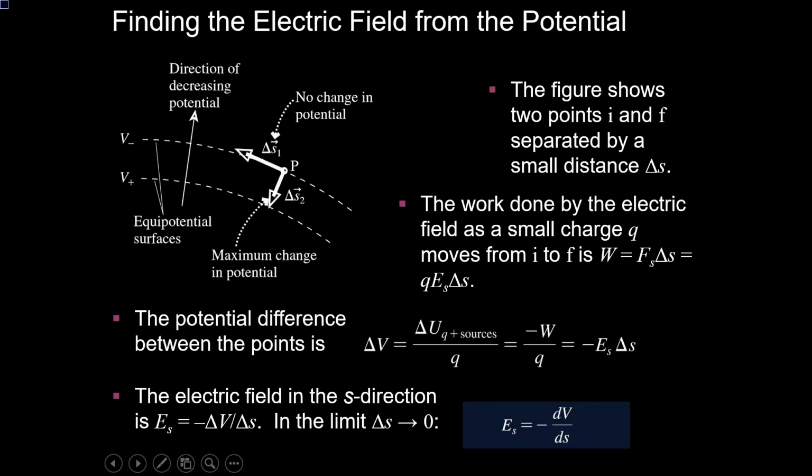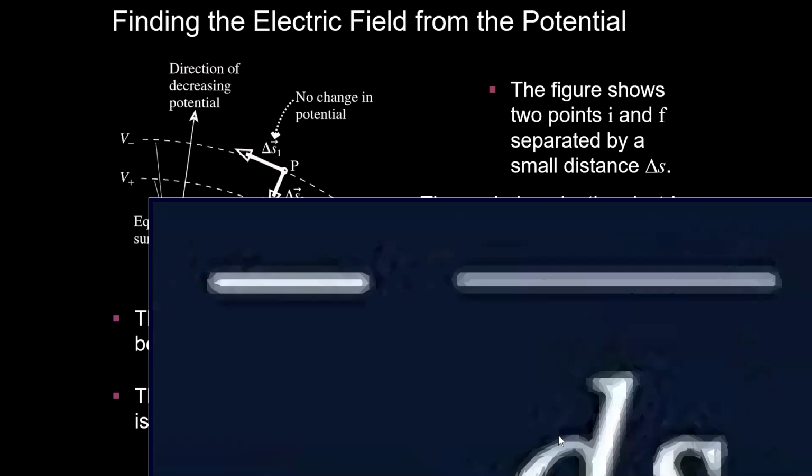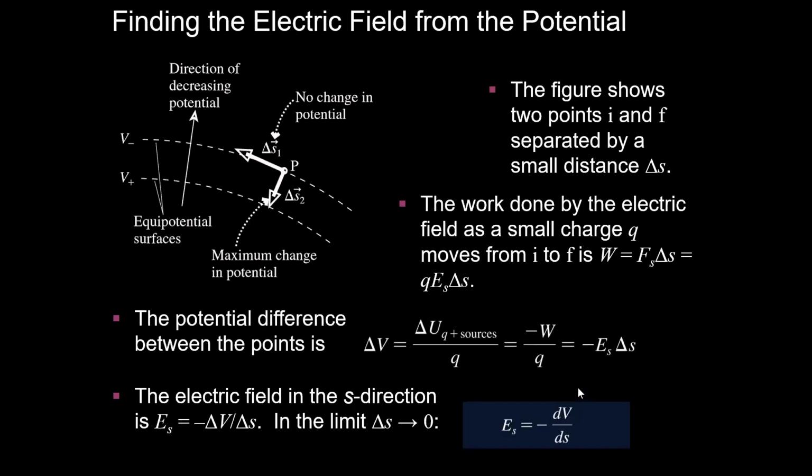In this case, the electric field is defined as the derivative of the potential, minus, of course, because it points against the change in potential. So this bottom right-hand equation, E_s being minus dV/ds, is for a one-dimensional case where the electric field has symmetry in that direction. But in general, it's going to be a derivative with more than one component, and so you have to do what's called a partial derivative.